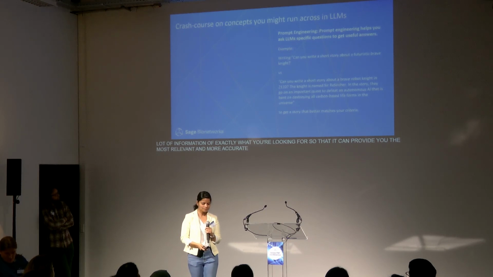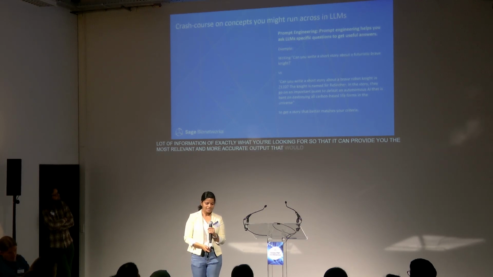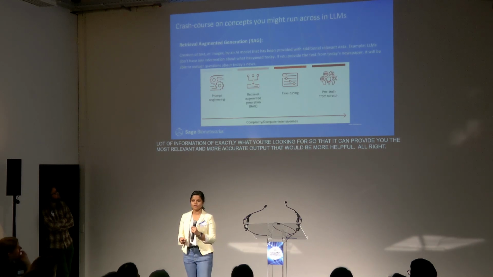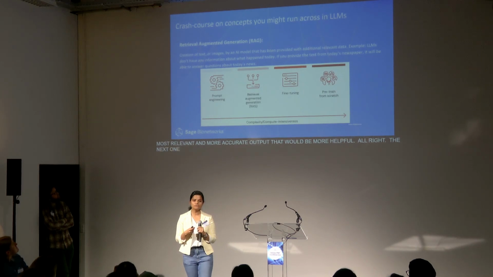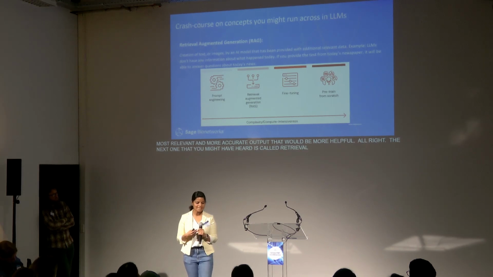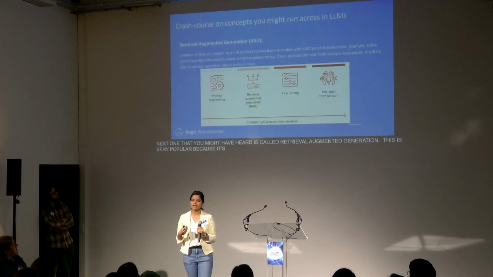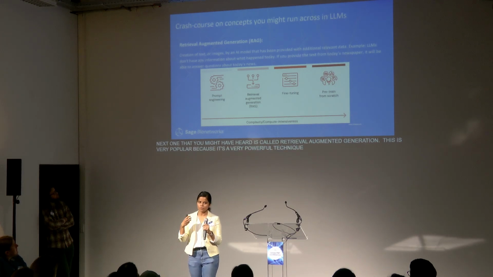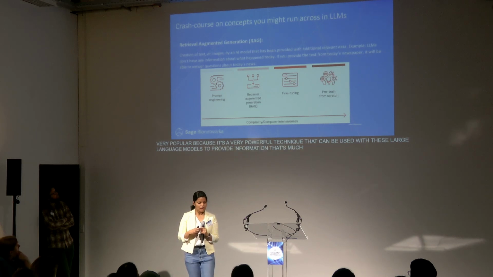All right. The next one that you might have heard of is called retrieval augmented generation. Now this has become very, very popular because it is a very powerful technique that can be used with these large language models to provide information that is much more accurate, much more tailored to your question at hand. So what does it mean?